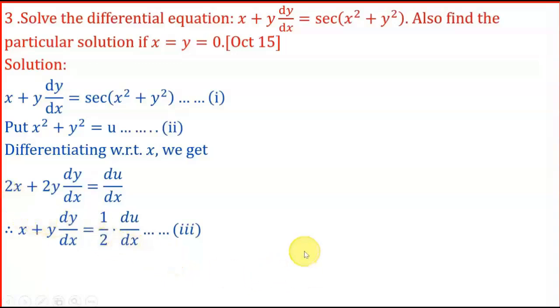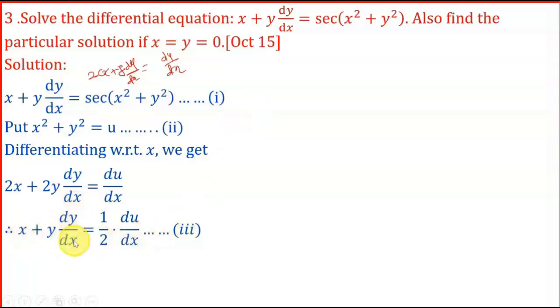Okay. Now take 2 as common, and shift this 2 to the right hand side. If you take 2 as common, then what you will get here? That is 2 in bracket x plus y into dy by dx is equal to du by dx. Then shift this 2 to the right hand side.